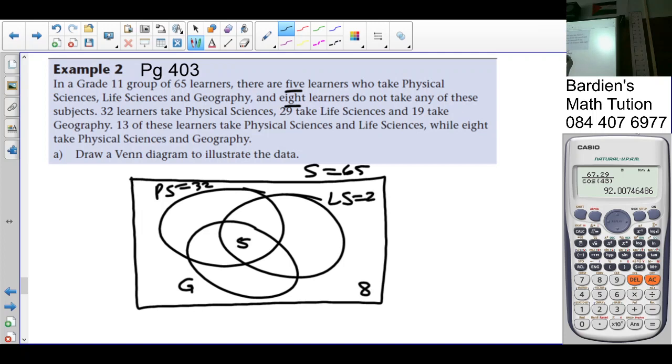It's 29. 19 takes geography. Write that in.